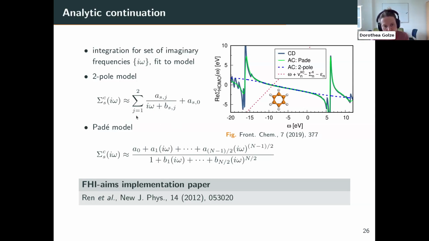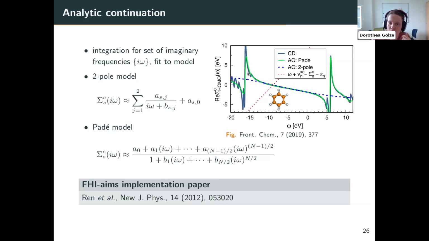You can have more elaborate models, for example, the Pade model, which has more parameters, A and B here. It's then also more accurate. As you can see here, this is the self-energy for benzene. The solution here is roughly at 9 point something eV. The exact solution in blue is contour deformation, and we have the Pade model in green.